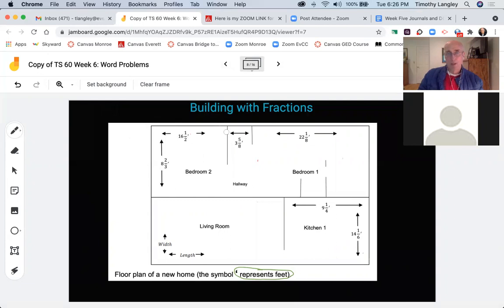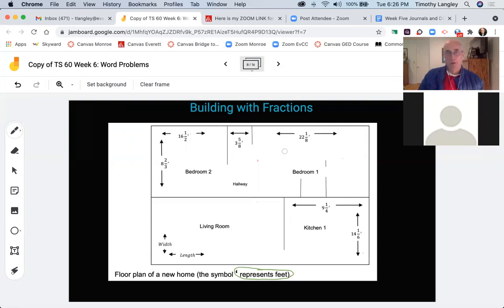And you see these lines here, and it says 3 5/8 feet, so that means from here to here is 3 5/8 feet. And then you've got these arrows pointing to this line, which means that distance is 22 1/8 feet.